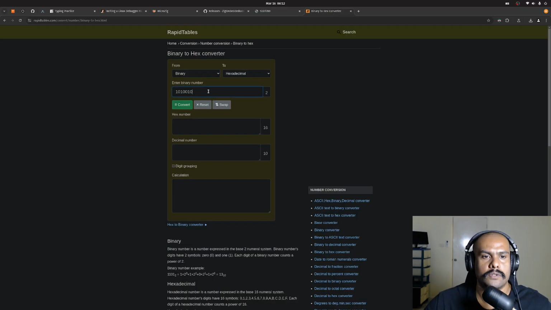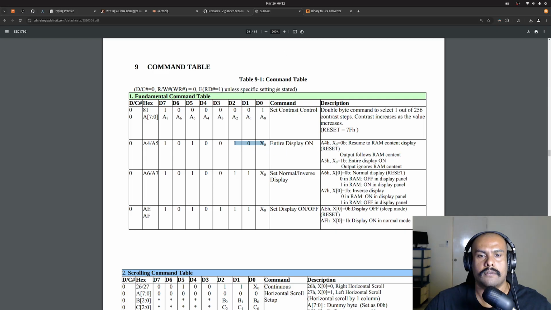So what is this? Let's say 4, and if I turn it to 1, A5. So oh, is that what A4 means? Oh, it's the hex value. Okay, I feel stupid.